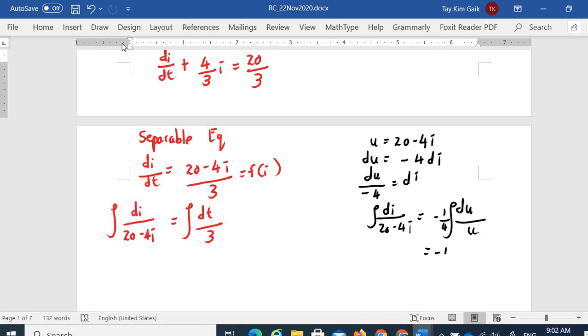This way you get negative 1 over 4 ln u. Replace back u, which is 20 minus 4i. This is using the substitution technique. So this one you get negative 1 over 4 ln of 20 minus 4i. Integrating 1/3 dt, you have 1/3 t plus c.